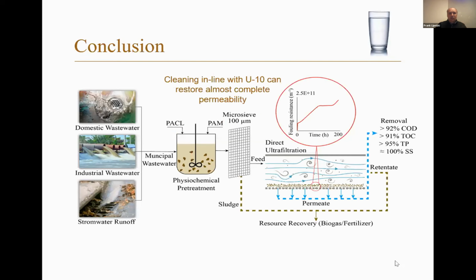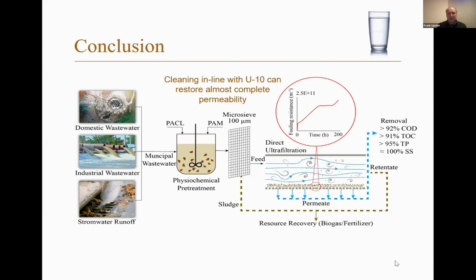So in conclusion, what I wanted to show you is that we are working on developing and improving this concept of direct membrane filtration, where we have a pre-treatment with flocculation, coagulation, and microsieving, and then either microfiltration or ultrafiltration as a step to polish the wastewater further.